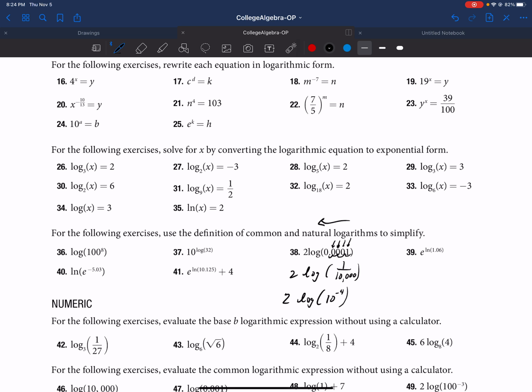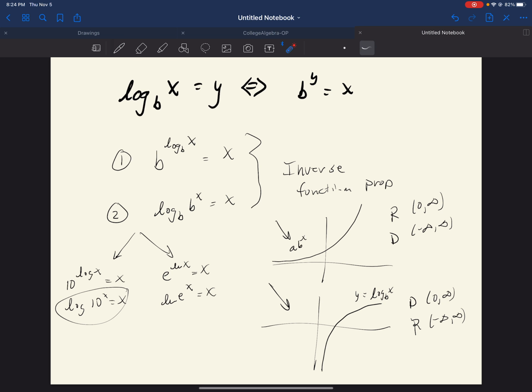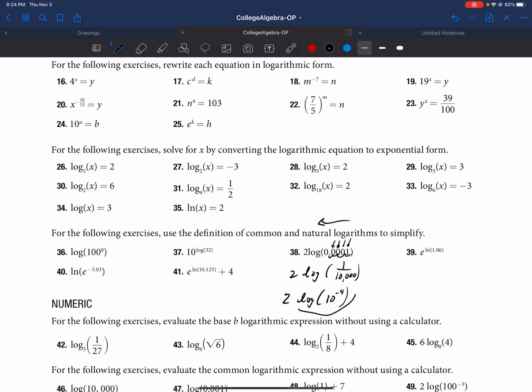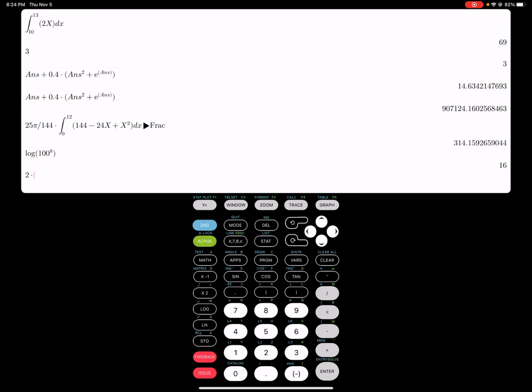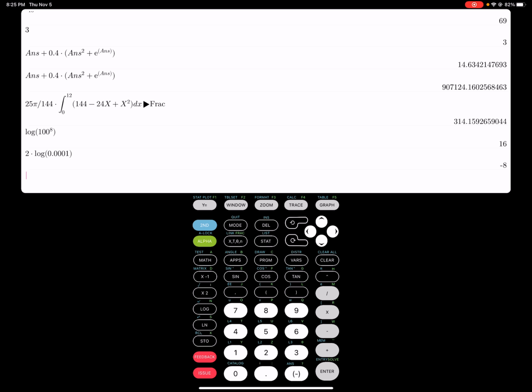So since we're going left, it is 1 times 10 to the negative 4th power. And then now that I have log 10 to the negative 4, it should be negative 4. So this part right here is negative 4. And what's 2 times negative 4? It's negative 8. So if we checked in a calculator, if I did 2 times log 0.0001, the answer is negative 8.